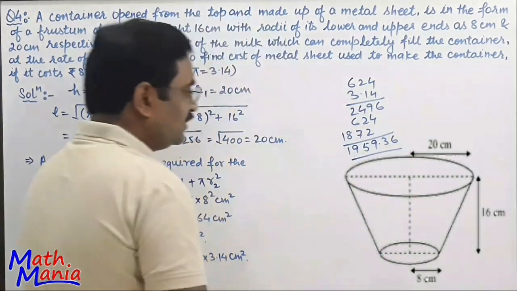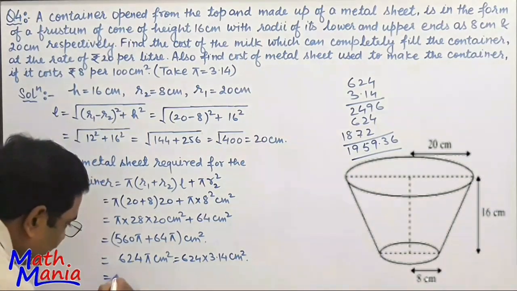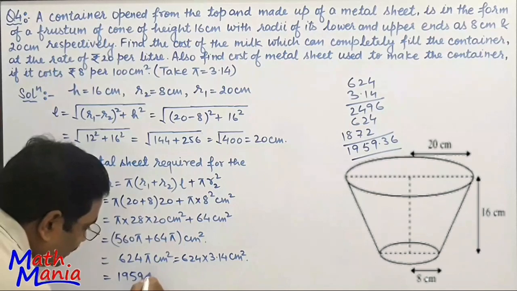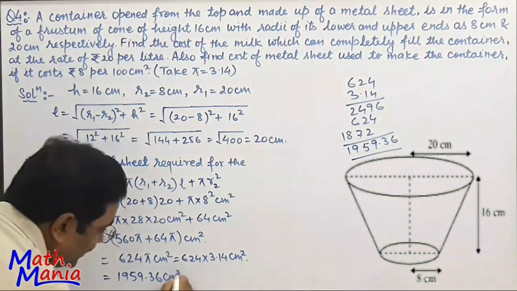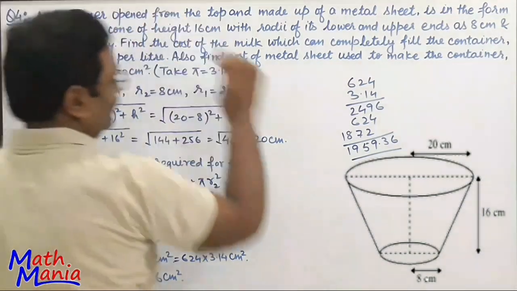You got 1959.36 centimeter square is the area of metal sheet for this container.